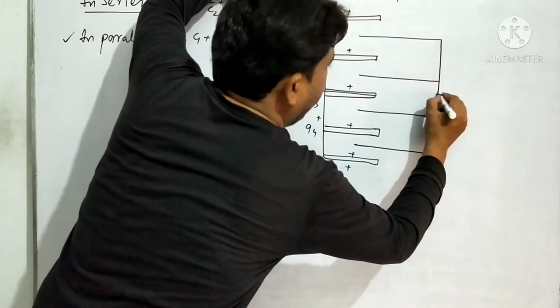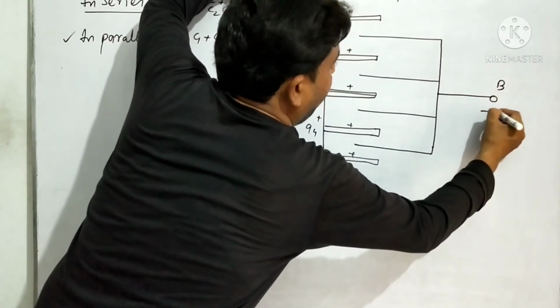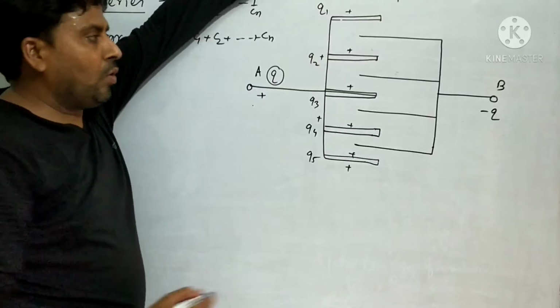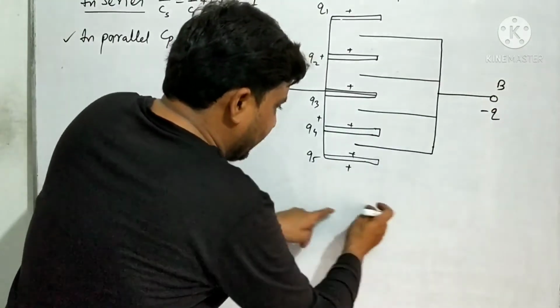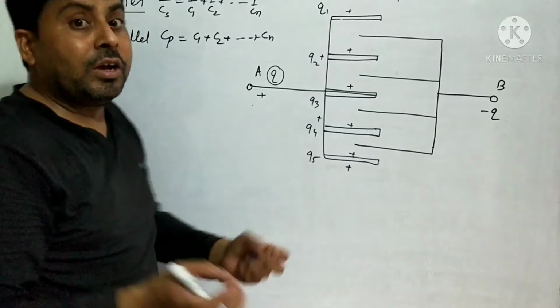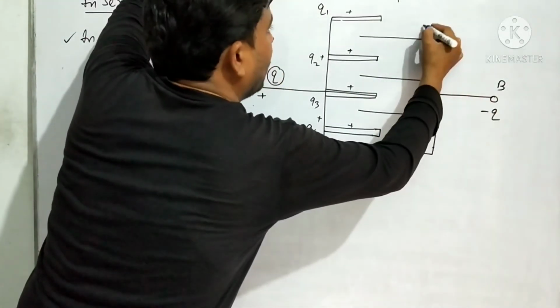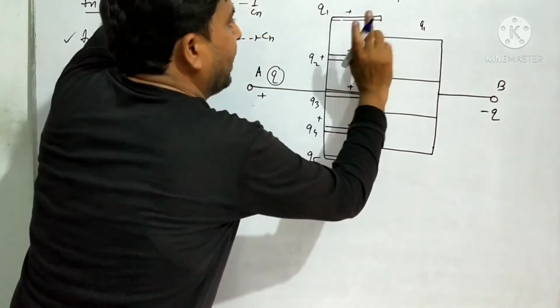Yes. And it is terminal B, which has a charge of minus Q. Or maybe both are connected to the negative or positive terminal of the battery, or source of charge or potential difference. So Q1 here, same plate area, that's why.